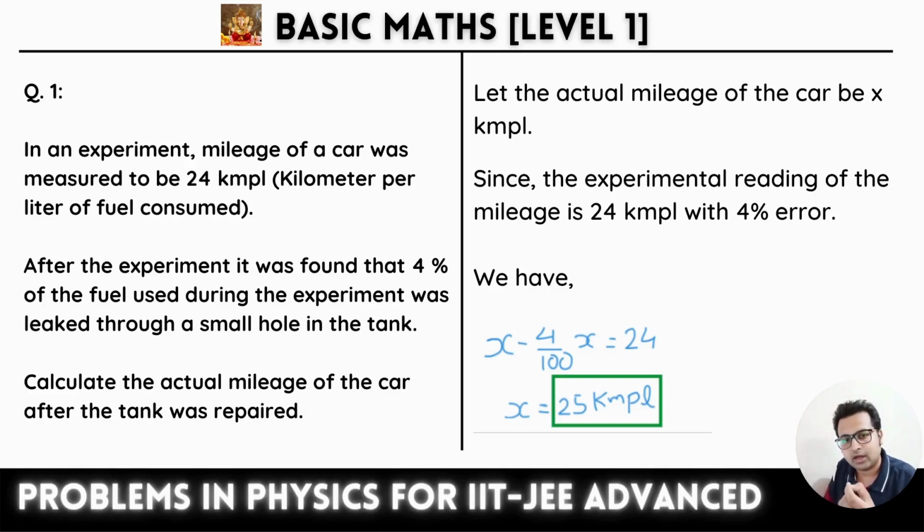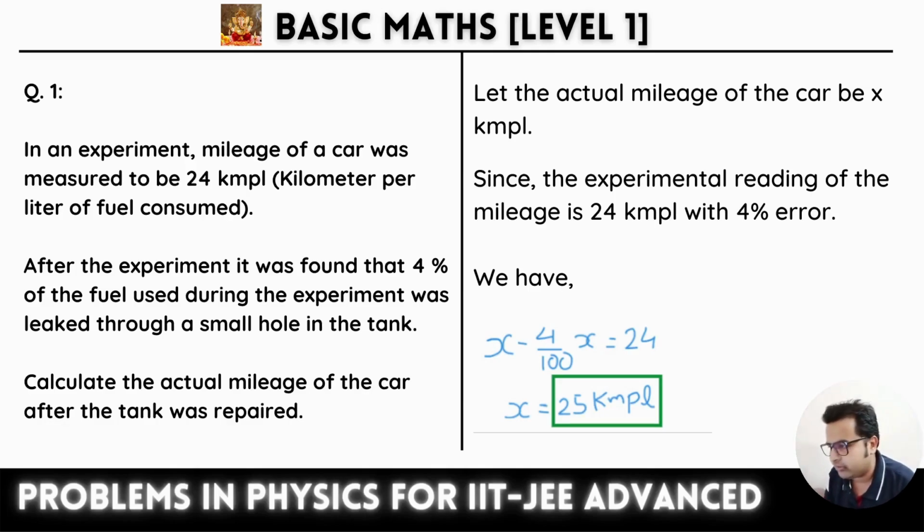It is the observation in the experiment, so it is not the actual value. It is also given that during the experiment there was 4% error because the car had a leakage, due to which 4% of the fuel got wasted. So definitely the reading, that 24, is the reading with 4% error.